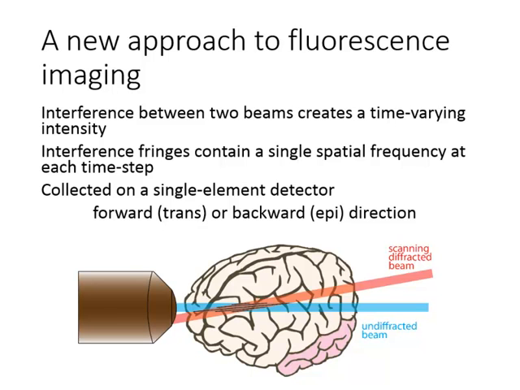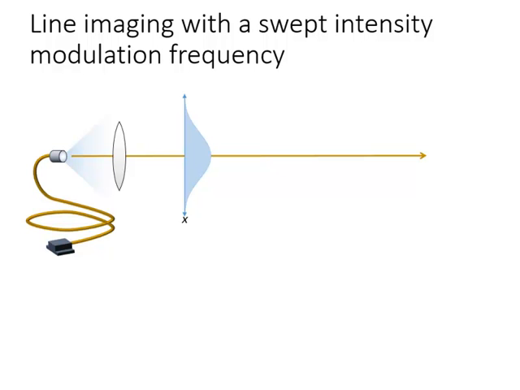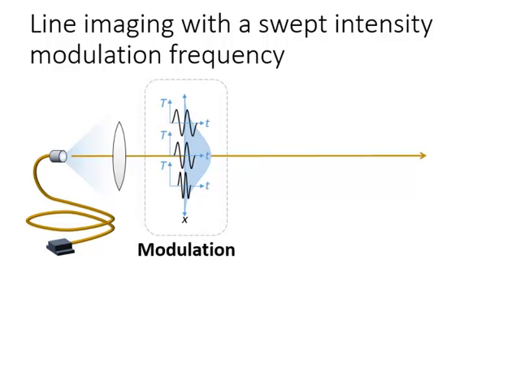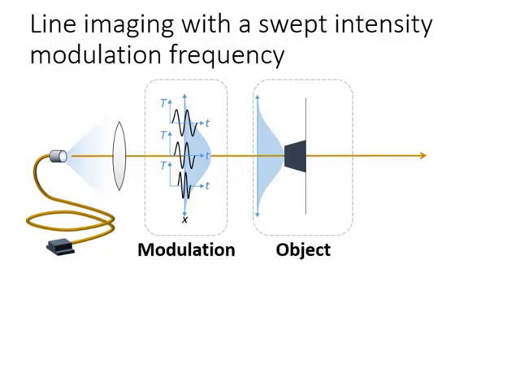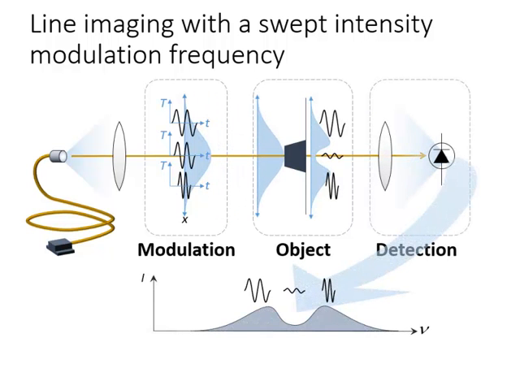To look a little more closely at how this works, let's consider just a line in X, which is where we got started with doing these modulations. If we consider a one-dimensional laser beam, which we apply a temporally dependent modulation to, different points across the spatial extent of this laser beam get modulated at different temporal frequencies. Then if we use that beam to illuminate an object, here a transmissive object, it attenuates certain parts of the beam and thus attenuates certain frequency components in the electronic spectrum.